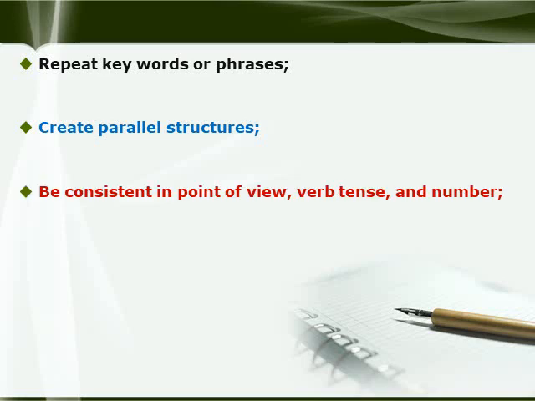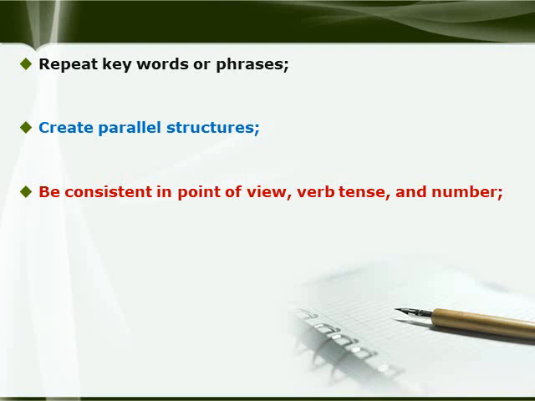Also, you can be consistent in point of view, verb tense, and number. This type of consistency in your point of view, in the tenses, and also in number, is an important aspect of coherence.